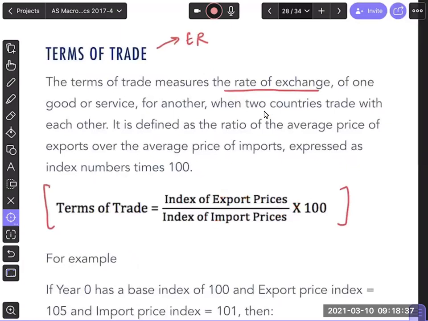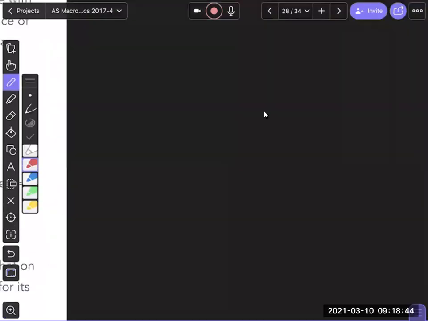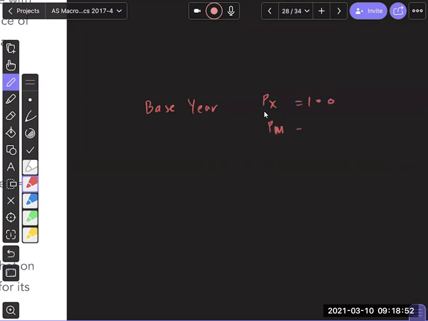So guys, for example, if base year has an index of 100, so let me do this example. Your base year, by the way, will always have price of export to be 100 and price of imports to be 100.